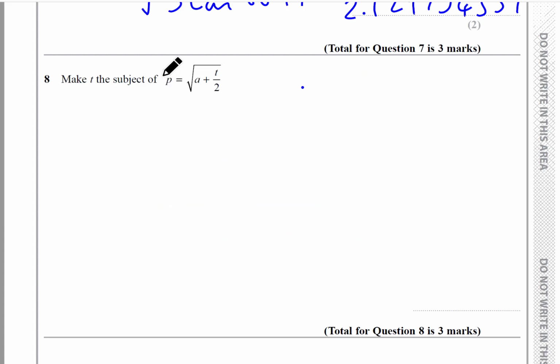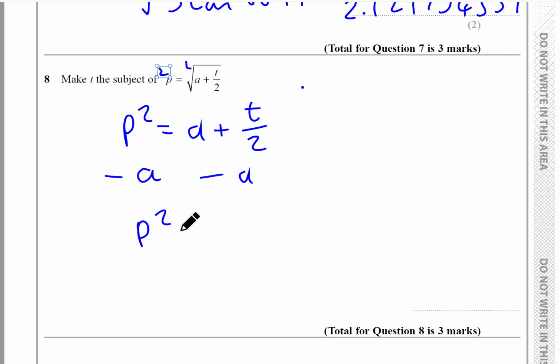Make t the subject. So to get rid of this square root, we want to square both sides, correct? So we're going to get p squared equals a plus t over 2. So we're going to minus the a on both sides, minus a, minus a. So p squared minus a equals t over 2.